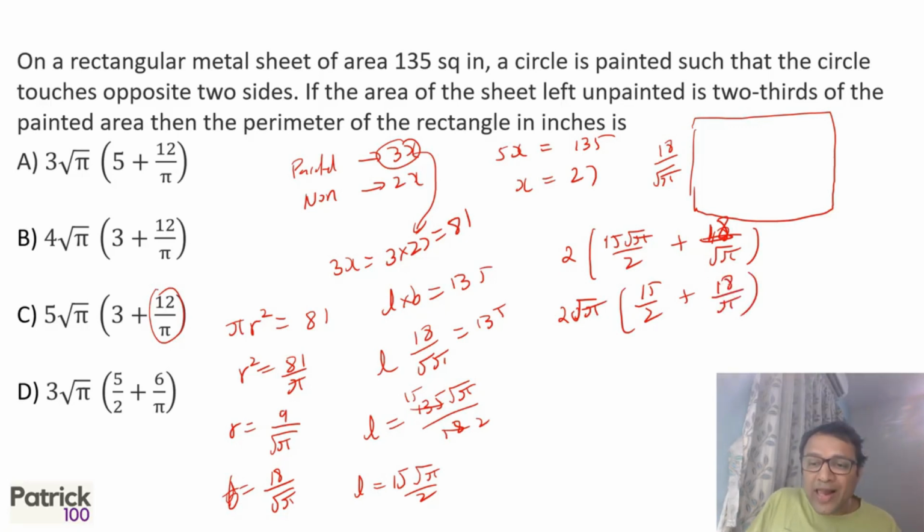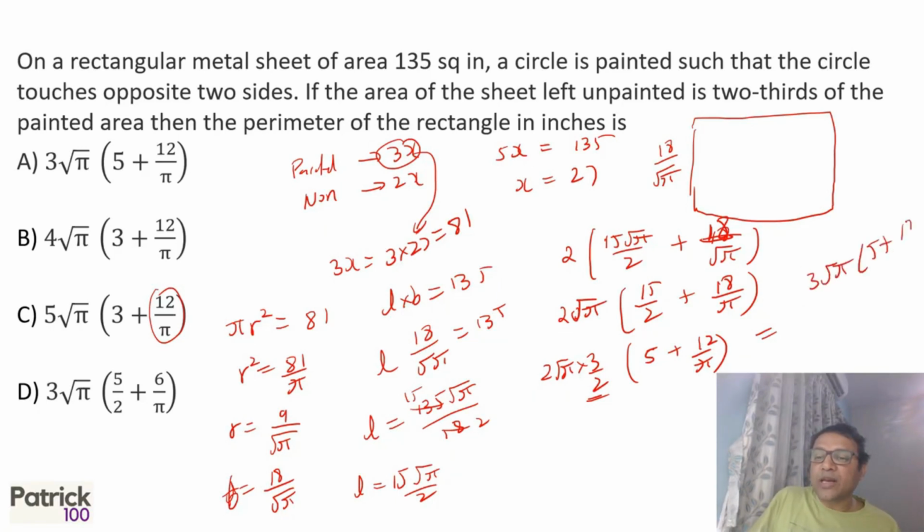Now to get this 12, I multiply inside by 2 upon 3, so I multiply by 3 upon 2 outside. Multiplying by 2 upon 3, I get 5 plus 12 upon pi. So basically the answer becomes 3 root pi times 5 plus 12 upon pi, which is option A.